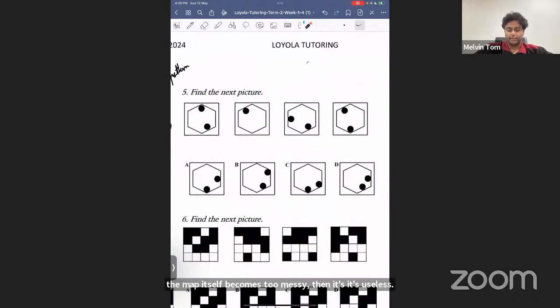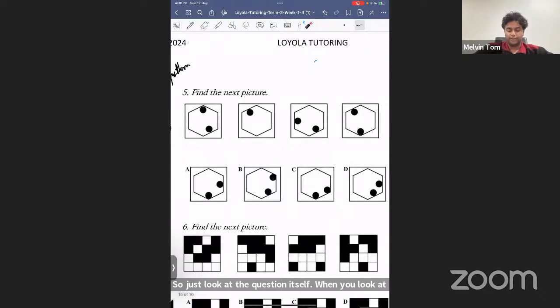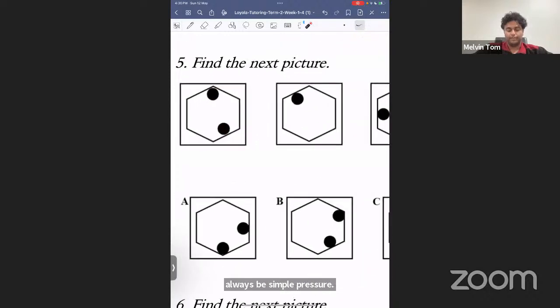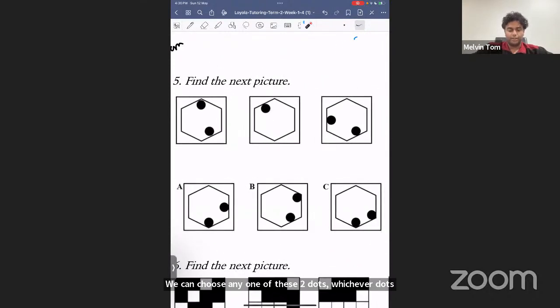When you look at the question itself, you might notice that, again, remember there will always be a simple pattern. We can choose any one of these two dots, whichever you like. So I'm going to start with the top dot, just because it's at the top. It starts off here.